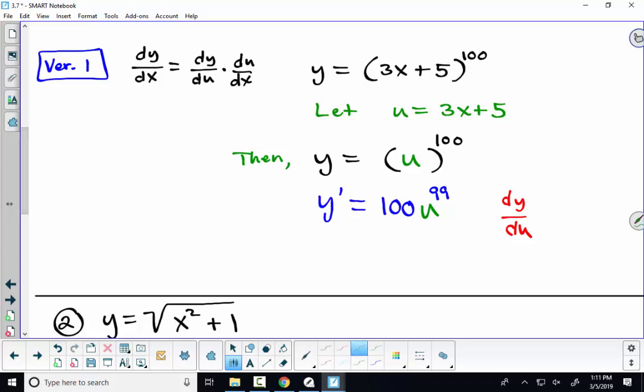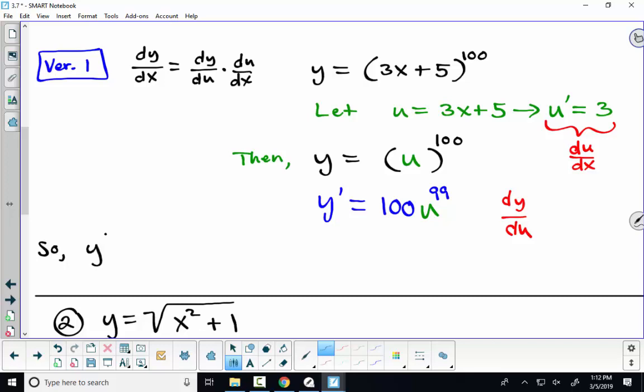In other words, that second piece is saying you find u prime with the variable x. So I'll just, since I'm running out of space here, u prime is equal to 3. And this one, du dx. So all we got to do is multiply those two results to get the derivative of y with respect to x.